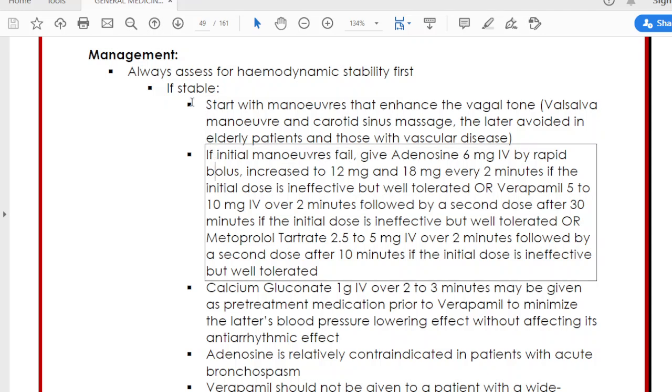If initial maneuvers fail, give adenosine 6 mg by rapid bolus, increased to 12 mg and 18 mg every 2 minutes if the initial dose is ineffective but well tolerated, or verapamil 5 to 10 mg for over 2 minutes followed by a second dose after 30 minutes if the initial dose is ineffective but well tolerated, or metoprolol tartrate 2.5 to 5 mg for over 2 minutes followed by a second dose after 10 minutes if the initial dose is ineffective but well tolerated.